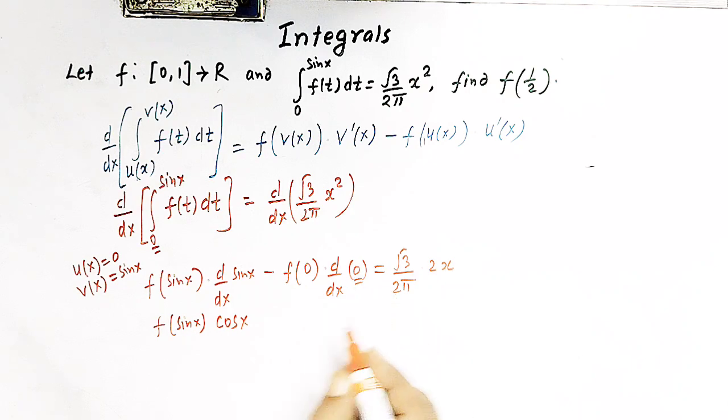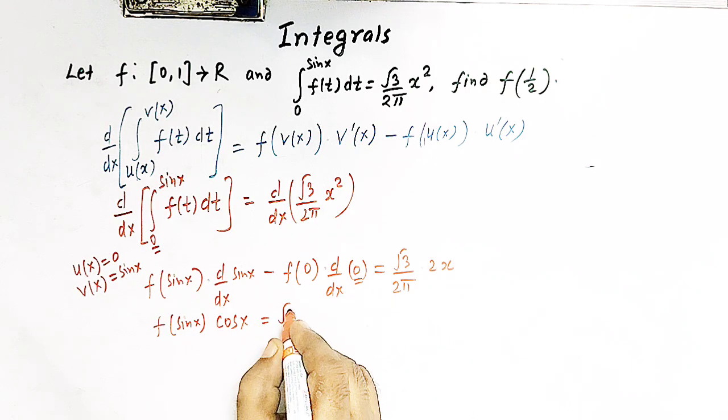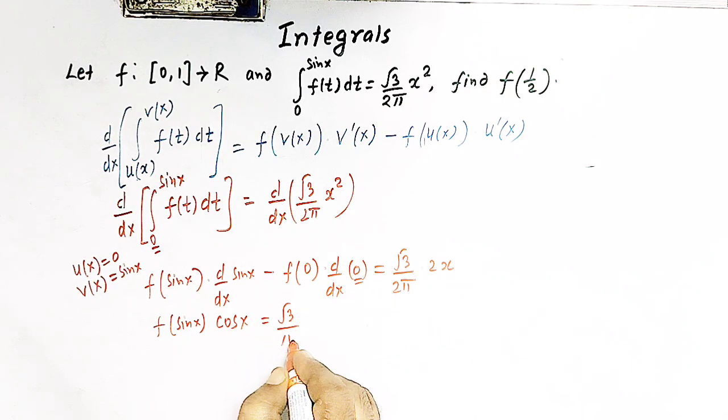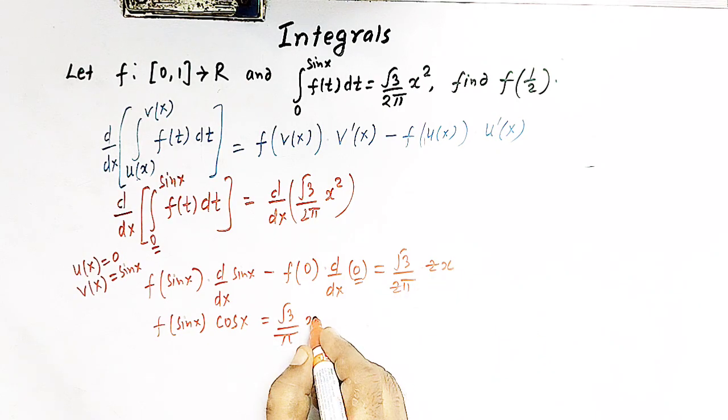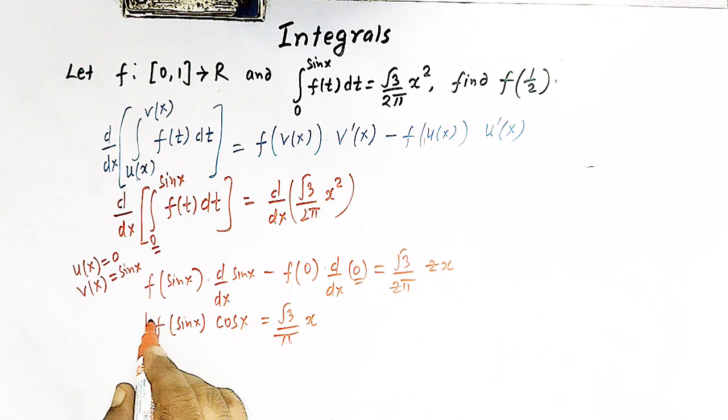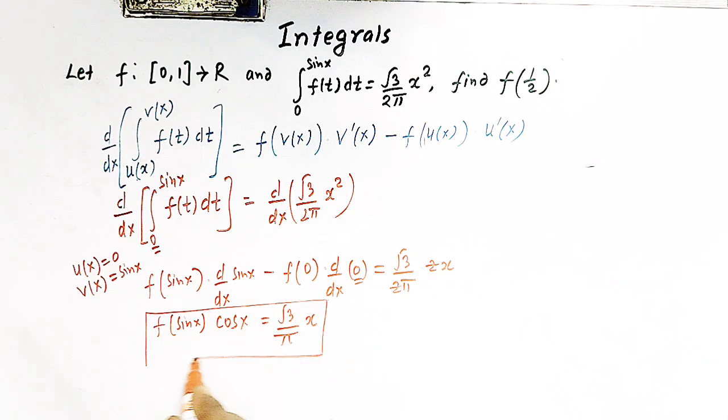On the right, the 2 and 2 cancel, so we have root 3 over pi times x. Using the Leibniz integral rule, we have arrived at this equation.